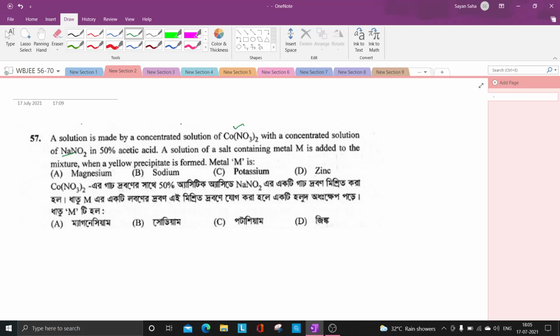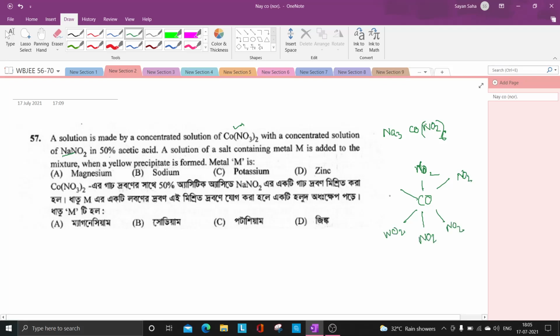The reaction of this and this under 50% acetic acid forms a complex compound, which is Na3[Co(NO2)6]. It looks like this: Co, here will be 6 NO2. This is the complex part, the secondary ion, and this is the primary ion, like 3 Na plus.